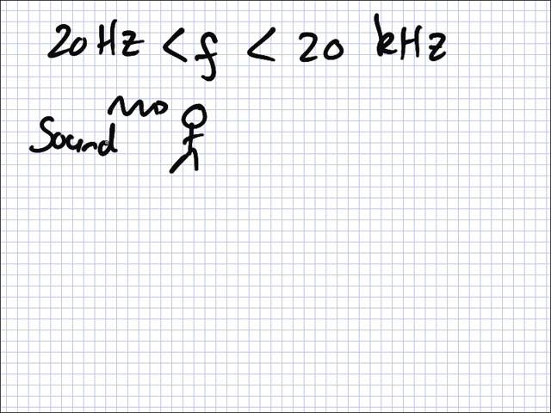Low frequency seems good for animals that need to communicate over huge distances, whereas high frequency is useful for things like bats, for echolocation.